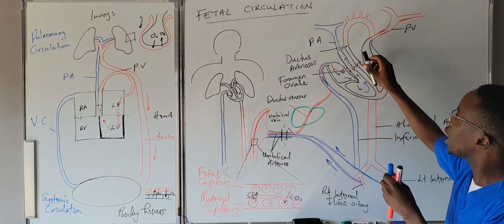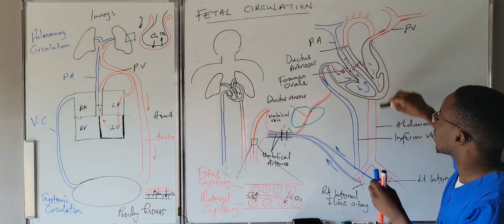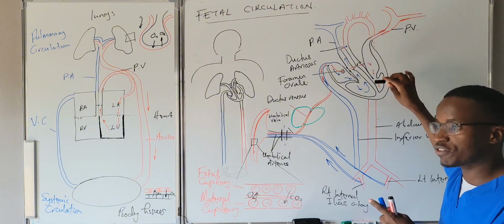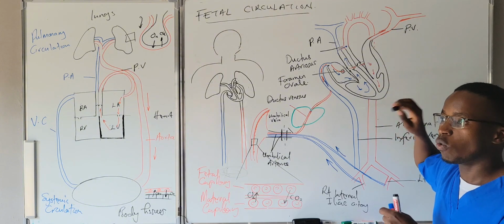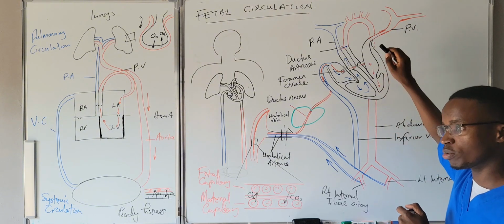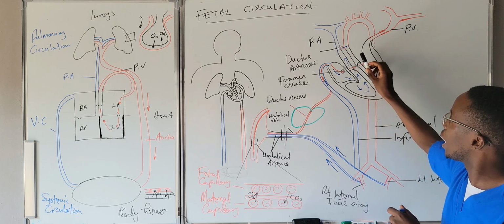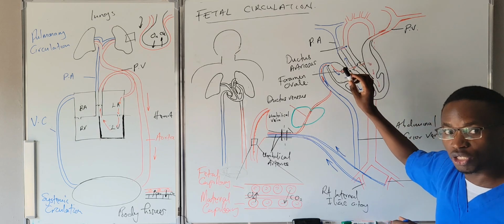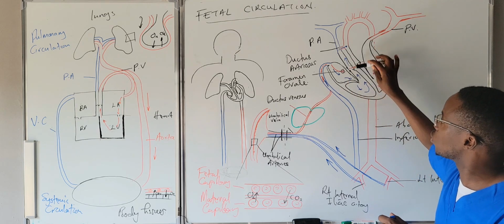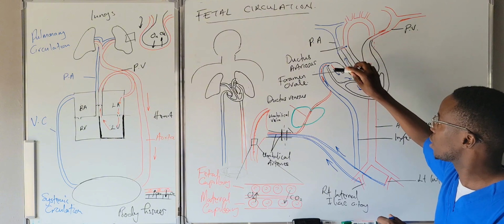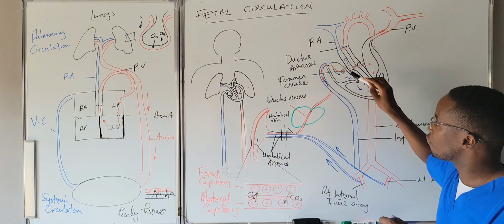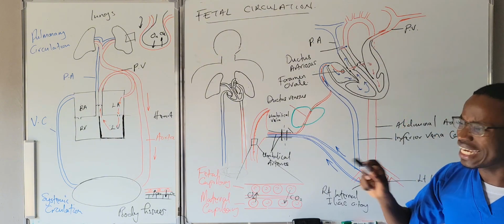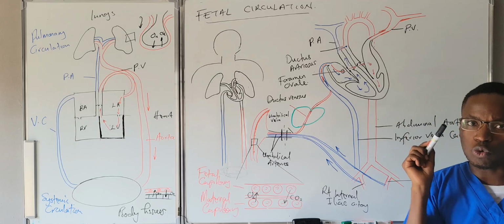And so the moment there's increased pressure on the left side of the heart, once the baby is out of the uterus, that gate is going to be closed, and blood is no longer able to pass from the left through the foramen ovale, unless this foramen ovale was too big.